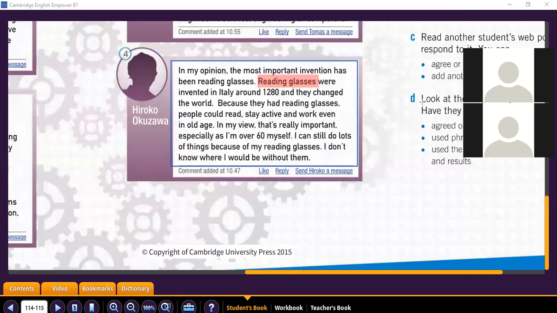This would be the last reading we have. Here we have two phrases we can use when we want to give our opinion. ¿Cuáles serían estas dos frases para dar la opinión? Tenemos dos frases en este párrafo.